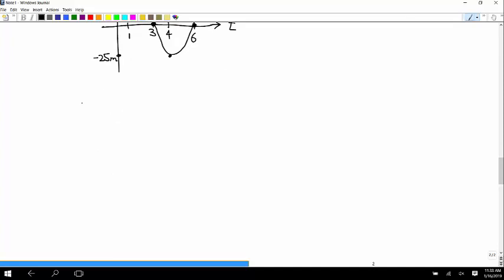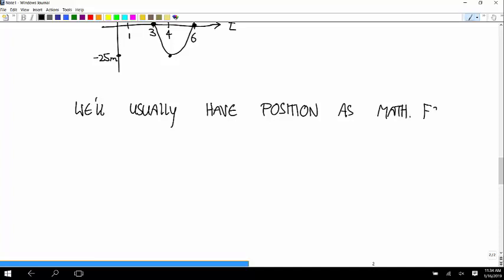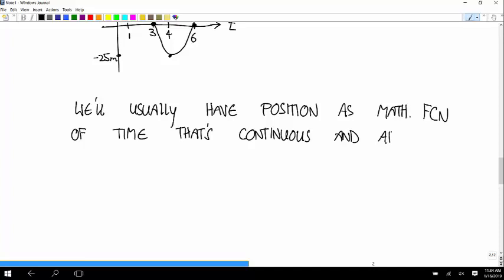Usually for us, instead of just plotting points like this, we'll usually have position as a mathematical function of time that's continuous and at least twice differentiable.